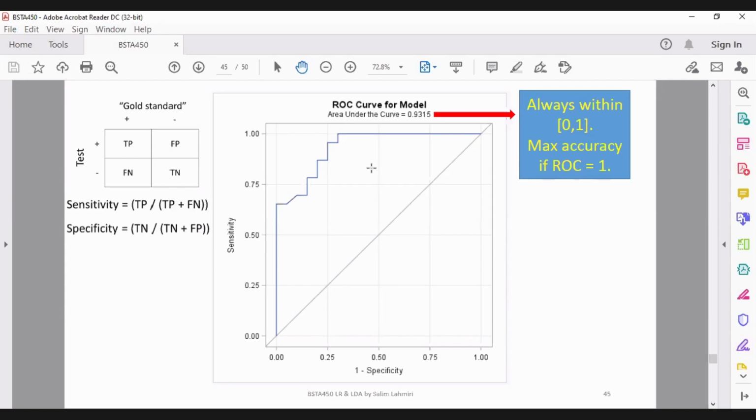0 indicates a bad model. If the area under the ROC curve is equal to 1, it means that the model is perfect. The area under the curve is the area between the ROC curve and the diagonal line.